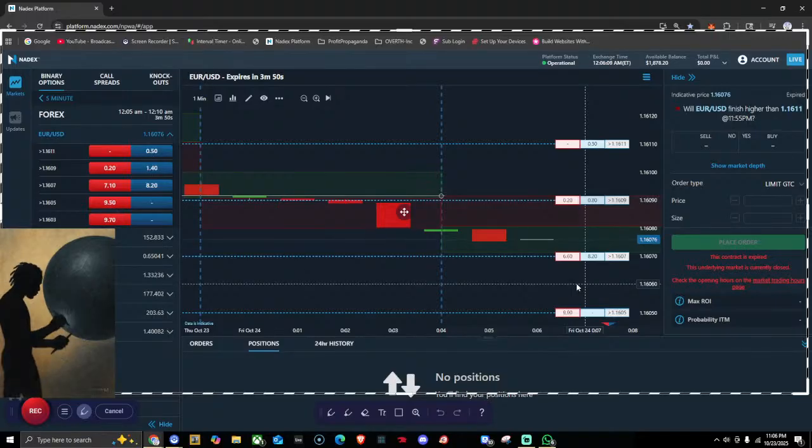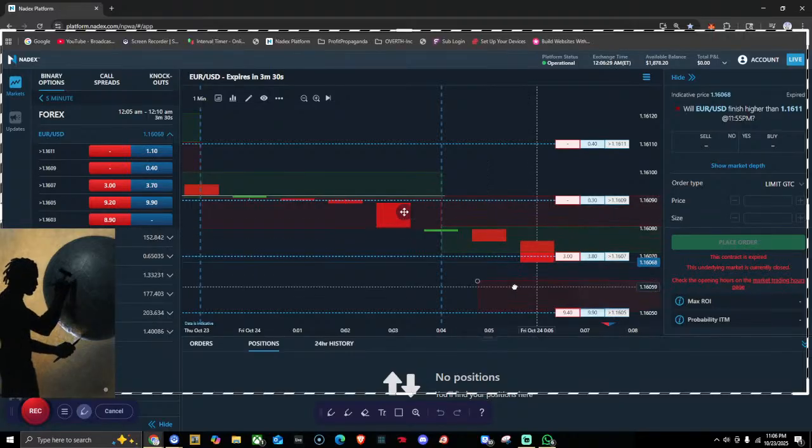I like the way this one is coming into this buy position. Doesn't mean anything yet because it's way, way too early for me to make any assumptions. And there you go. That's why I say that.